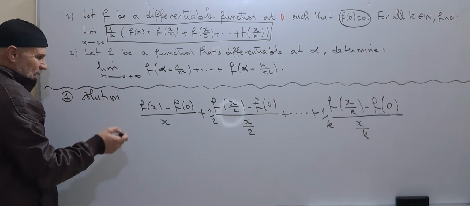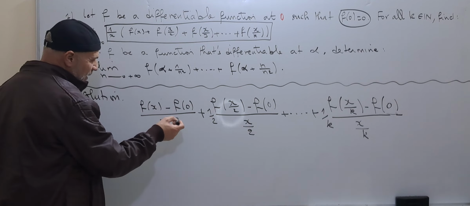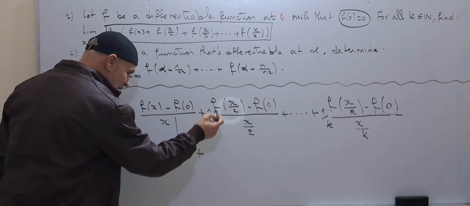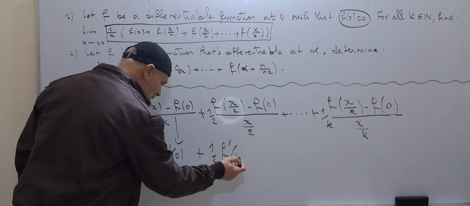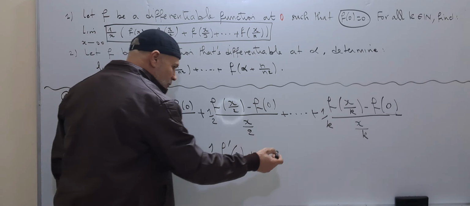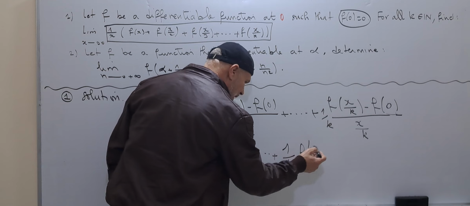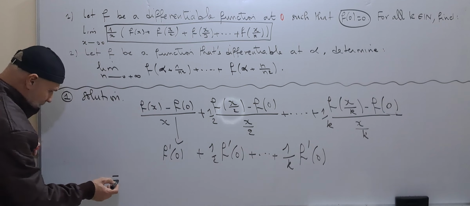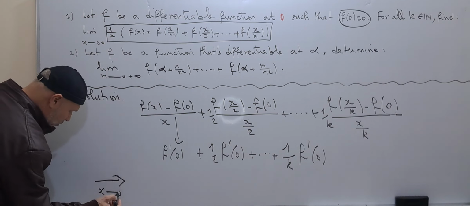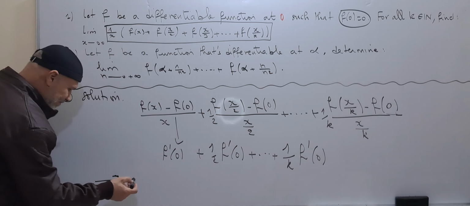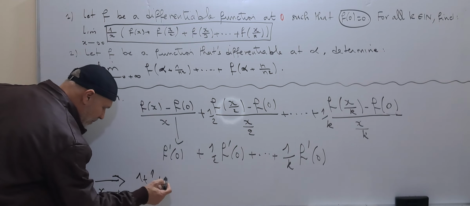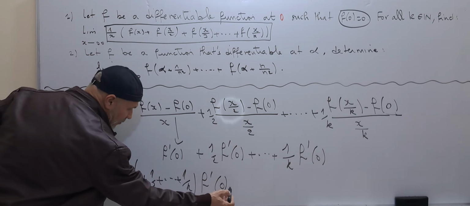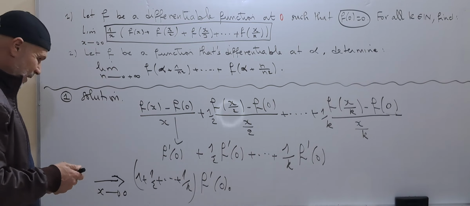When x goes to 0, this goes to f prime of 0. This goes to 1/2 f prime of 0 plus 1 over k f prime of 0. So the limit is actually 1 plus 1/2 plus ... plus 1 over k, times f prime of 0. This is the result, this is the limit.